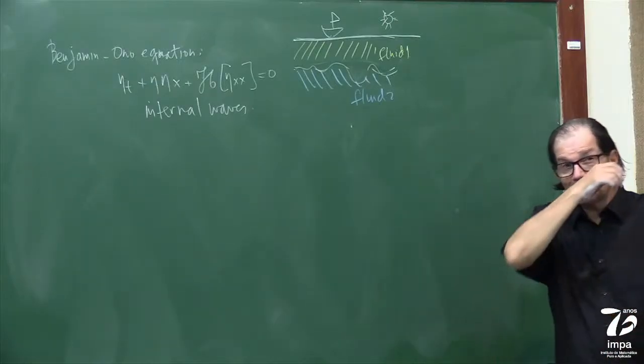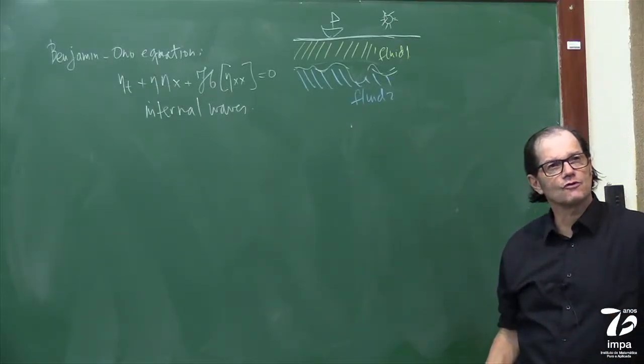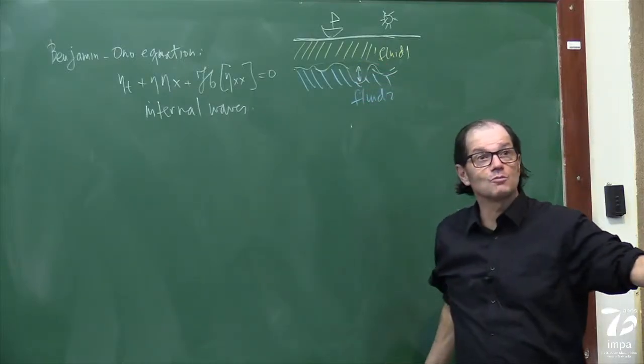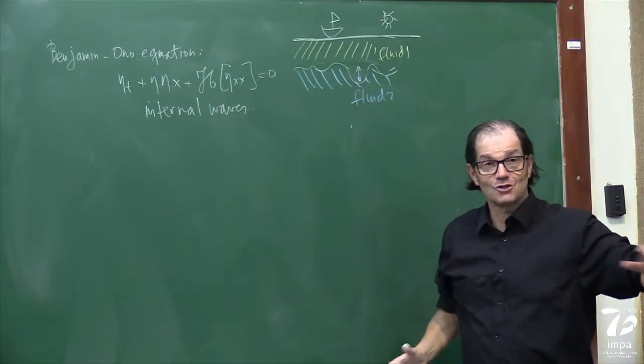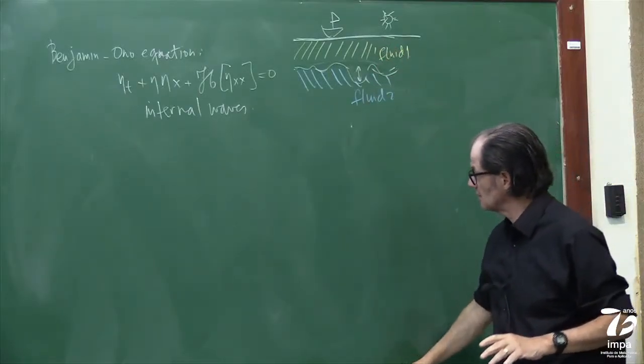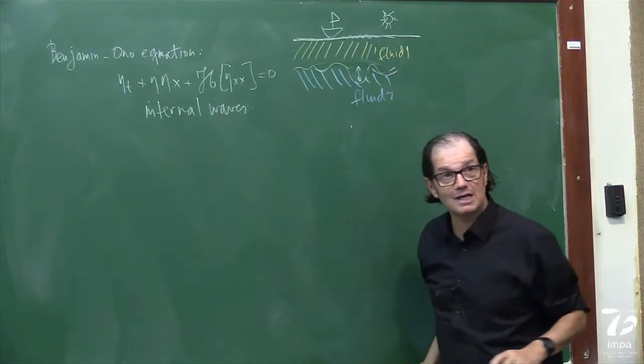And you can deduce KdVs for it, or Benjamin-Ono equations for it. The amplitude of this wave is almost 100 meters. It's a huge wave, but you barely see it from the top. Sometimes on the top you see just where the wave is, a little ripple from satellites.